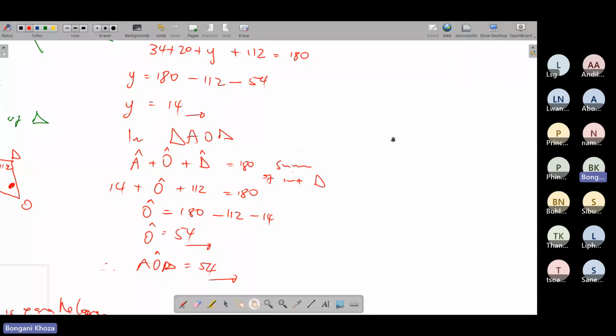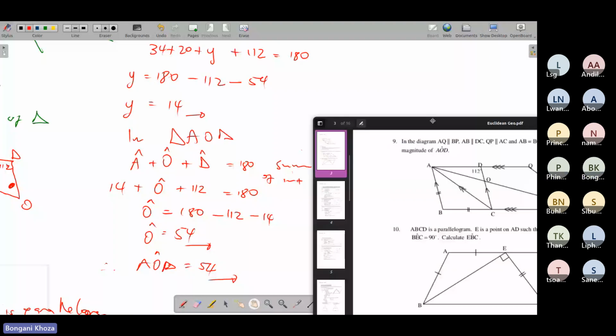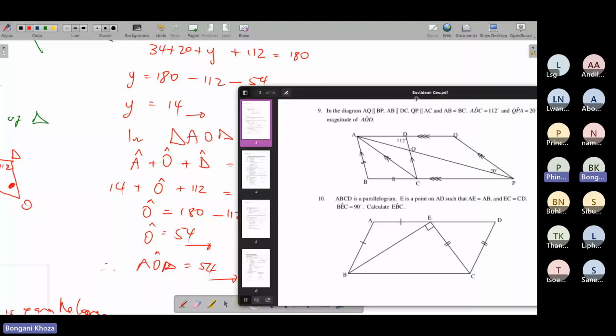All right, just to recap what we did. We first found out this angle over here, angle B, by saying that ABCD is a parallelogram. So that angle is equal to this angle over here. After that, we took this 20 and placed it over here, and we said those were alternating angles.